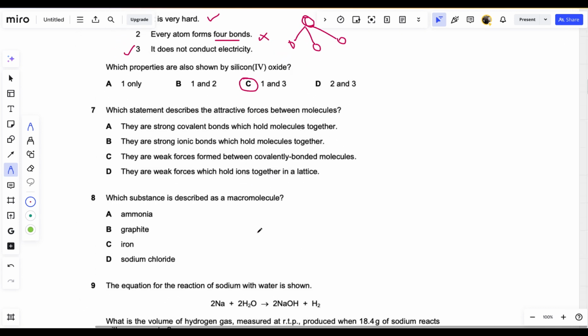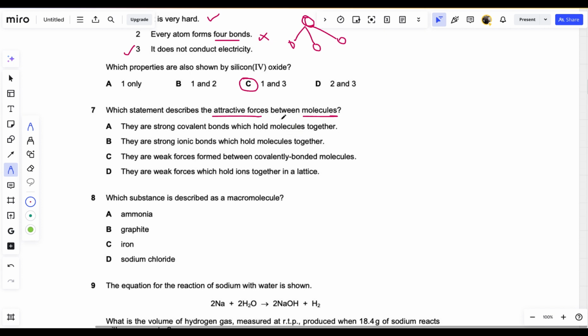Now let's go to question 7. What does question 7 have for us? It says, which statement describes the attractive forces between molecules? Option A: there are strong covalent bonds which hold molecules together.